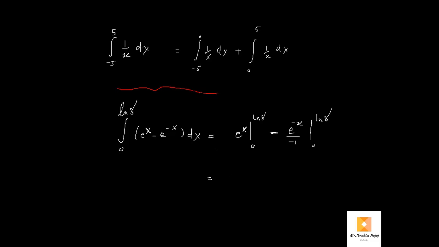Equals, at ln 8, e to the power of ln 8, then minus e to the power of 0. Minus here is going to be plus, and you have e to the power of negative ln 8.